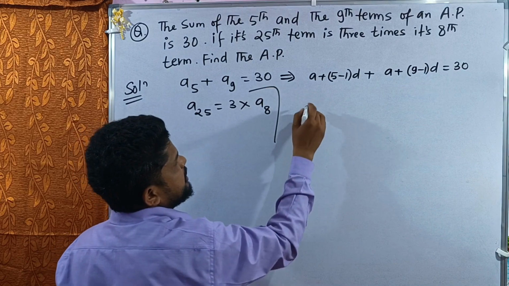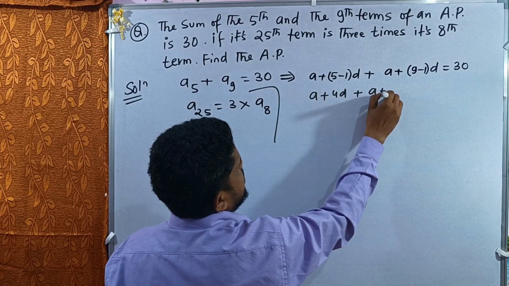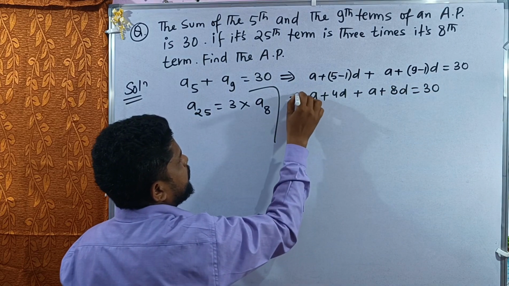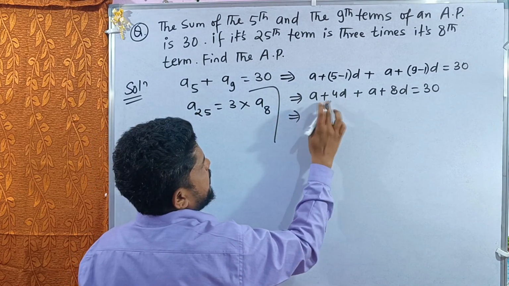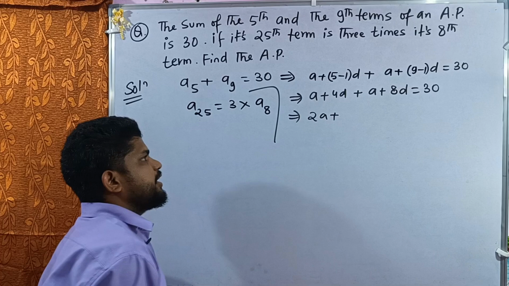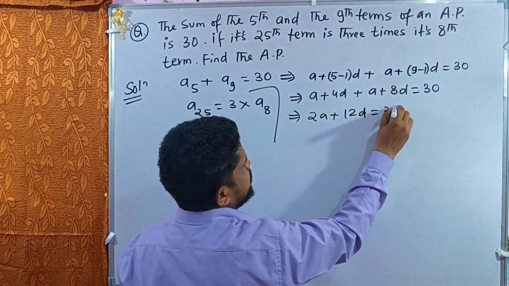This will give us a plus 4d plus a plus 8d is equal to 30. The a's add up to 2a, and 4d plus 8d is 12d, which is equal to 30.